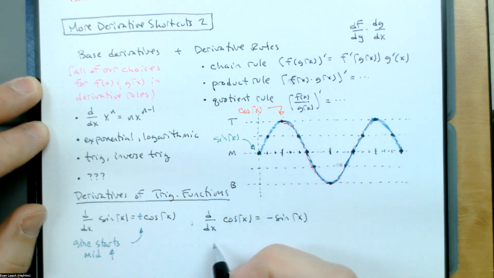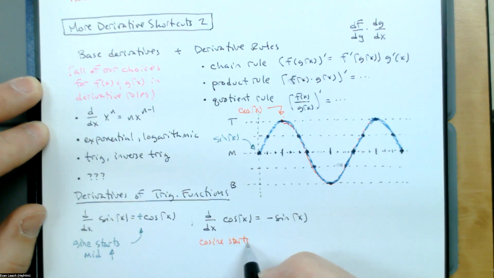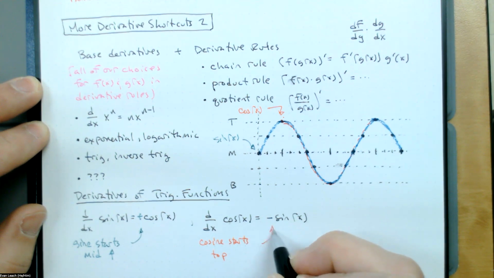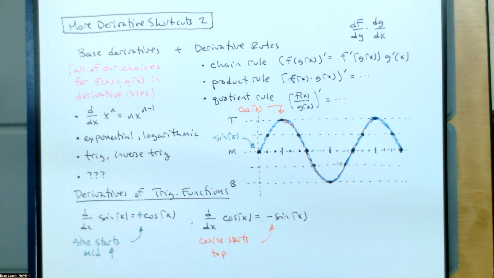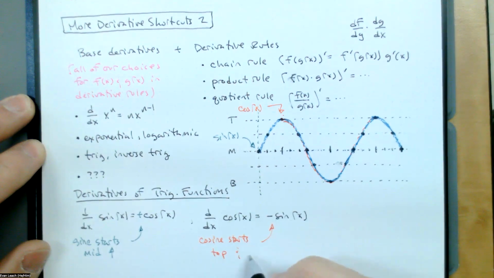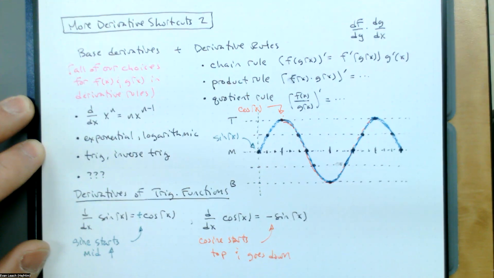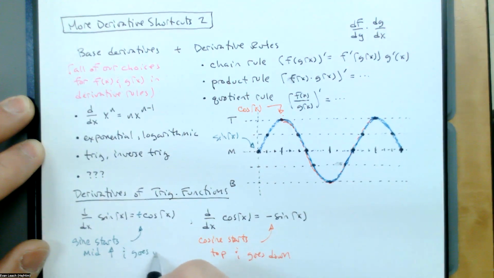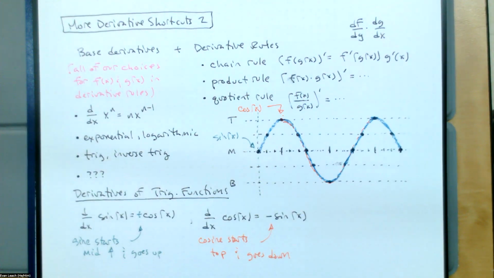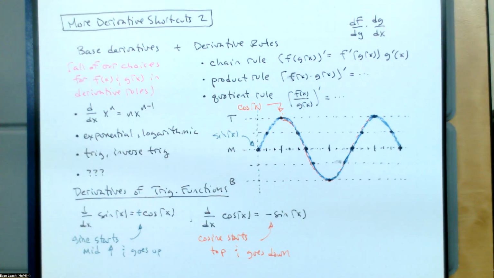But cosine starts at the top. So this means we can retain our default settings that up is positive and down is negative.